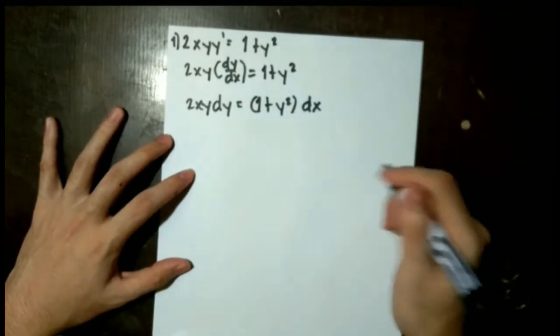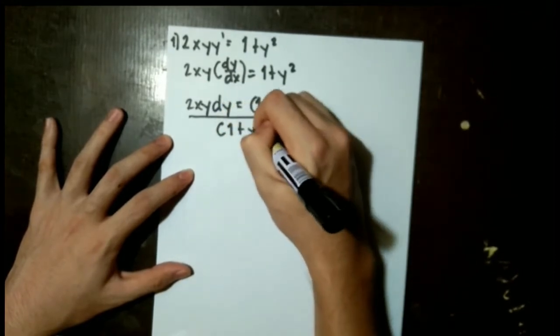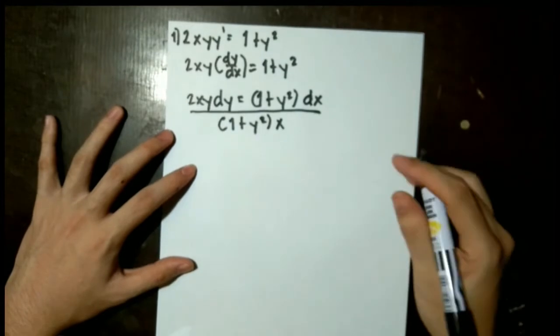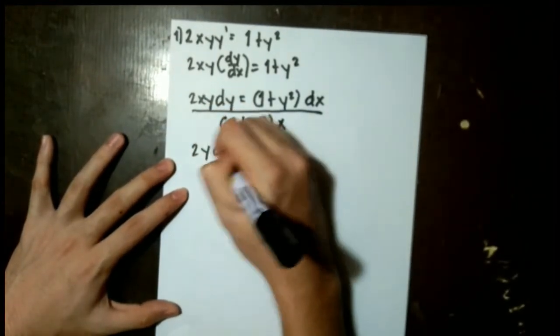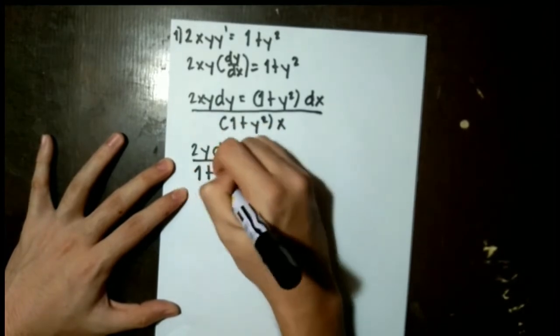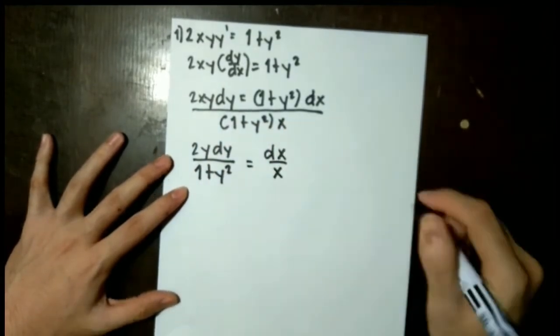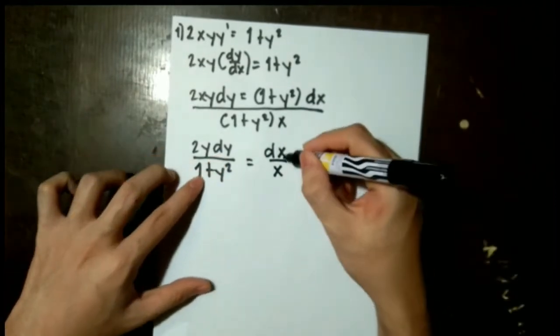So, in this case, i-divide natin yung equation sa 1 plus y squared and x. So, magiging sagot niyan is 2y dy over 1 plus y squared is equal to dx over x. So, napagsama na natin yung pure functions of y sa dy, pure functions of x sa dx.